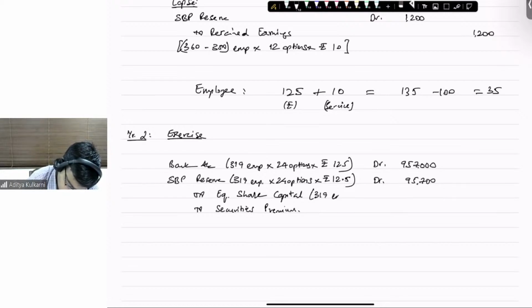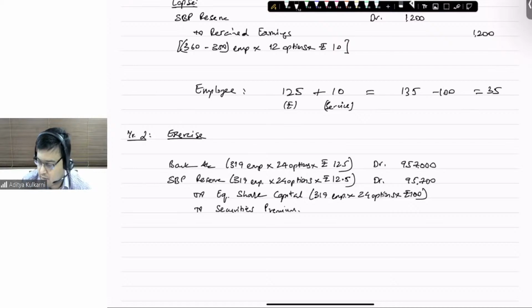319 employees, 24 options into rupees 100. 319, 24, 100: 7,65,600. To securities premium.